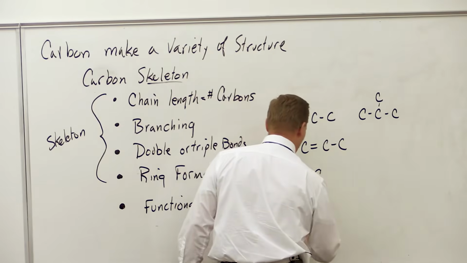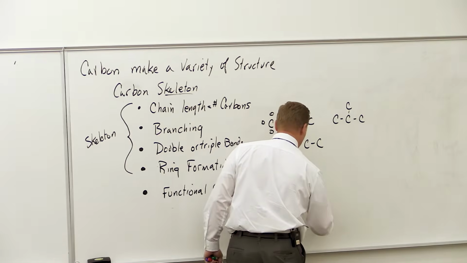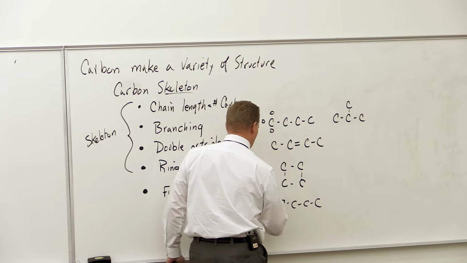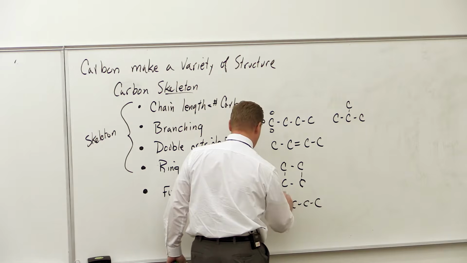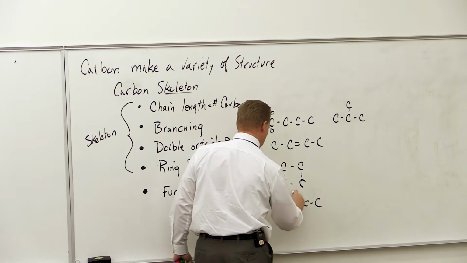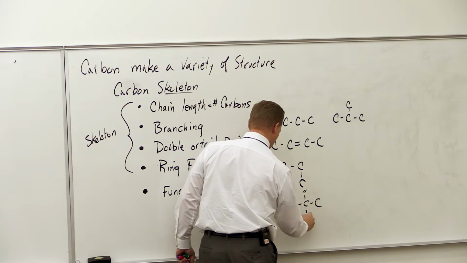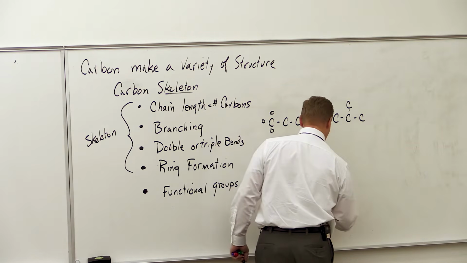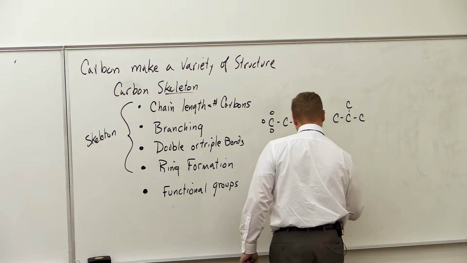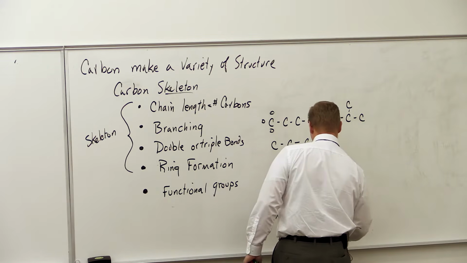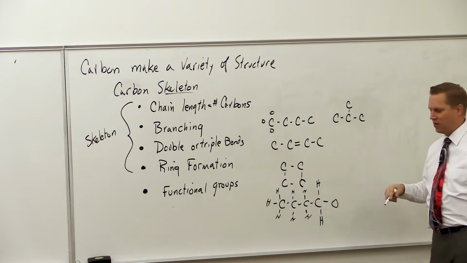So I could take my same 4 carbons, and the most common group that we see attached to it is just a simple hydrogen. And so I can attach hydrogens to make up my 4 bonds. But then I can also attach other groups or atoms. And we'll learn a lot more about this in our next lecture.